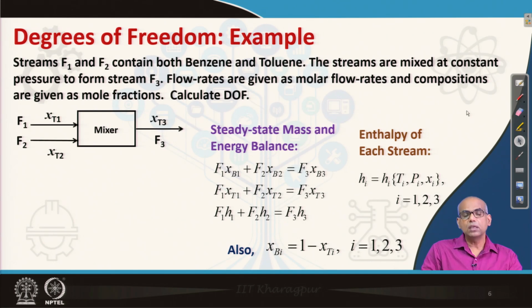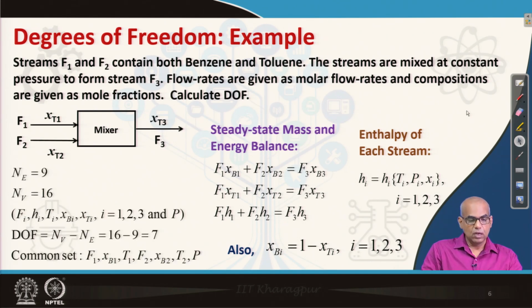So, how many equations do we have? We have 9 equations, 3 here, 3 here and 3 here. How many variables are here?